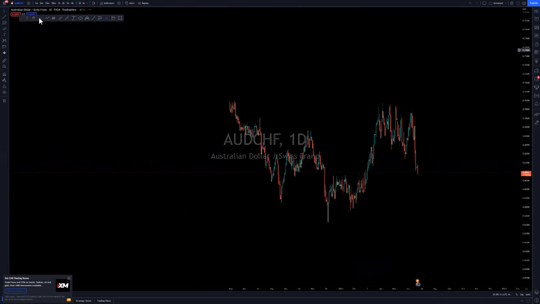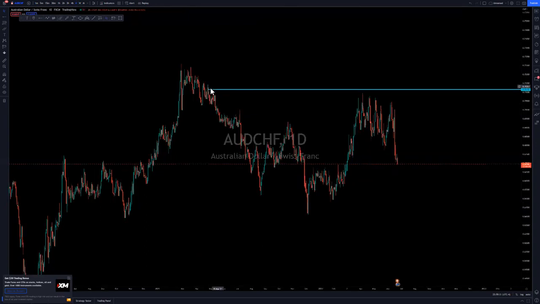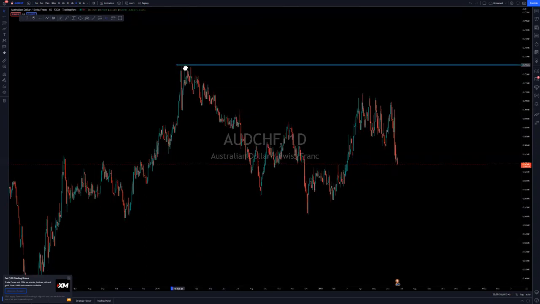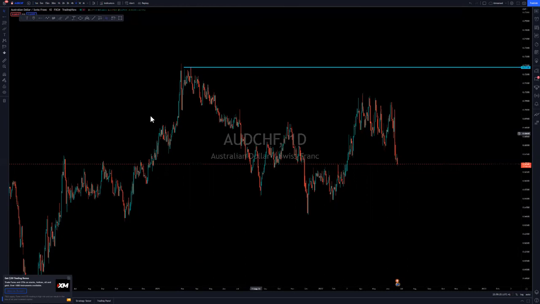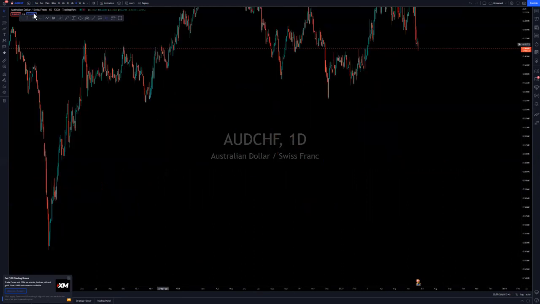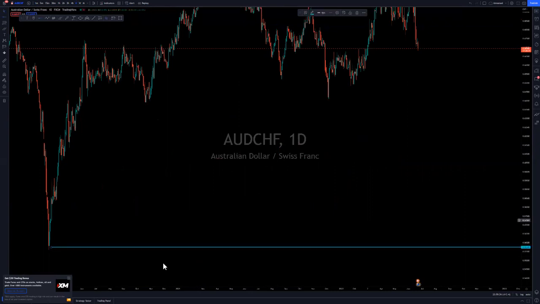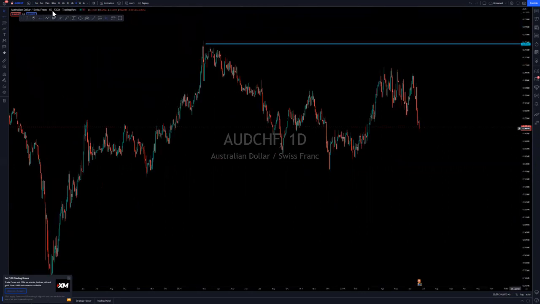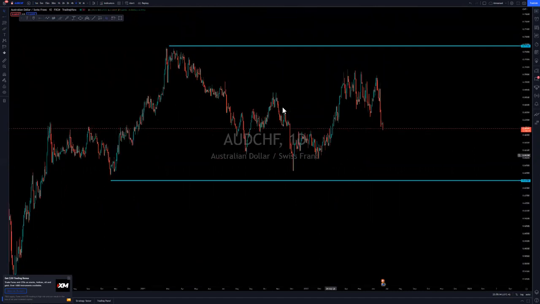Having that on the daily time frame, I have these as my high, and we are having these as our low. So having that as our high and low, I'll just highlight my important level, which is this one.